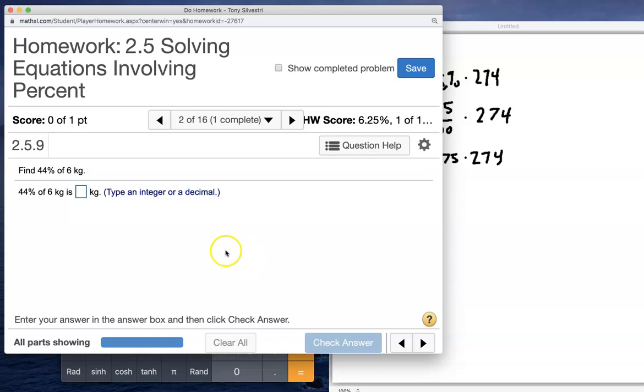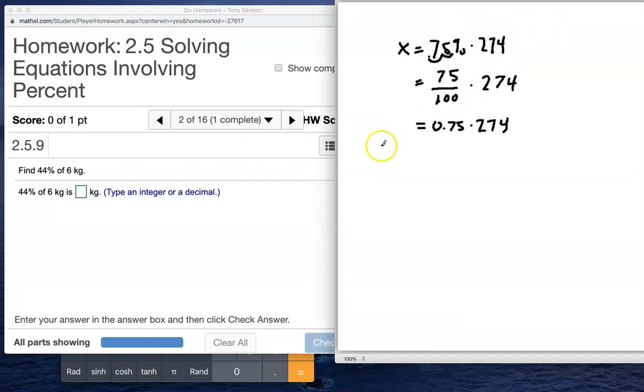Find 44% of 6 kilograms. That's pretty much the same thing as what is 44% of 6 kilograms. Do you agree? Find 44% of 6 kilograms. What is 44% of 6 kilograms?